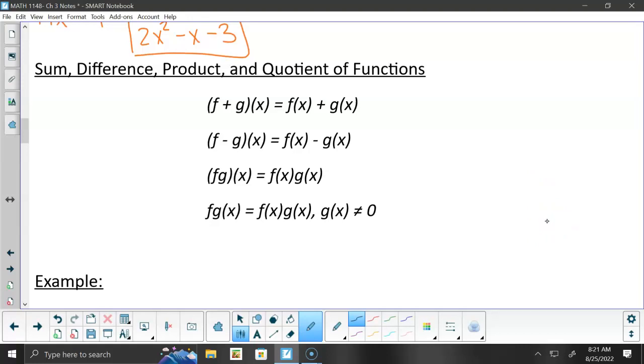So the question was, what about composition? That's something we did last year. So that is f∘g. I know it looks stupid, but (f∘g)(x) is the same thing as writing f of g of x, and this is composition.